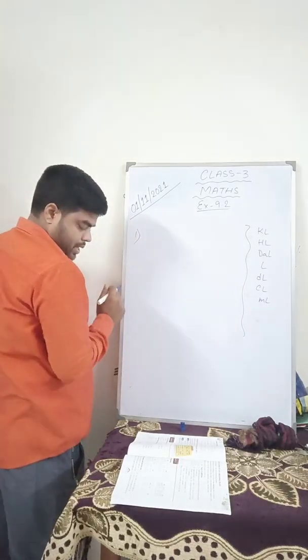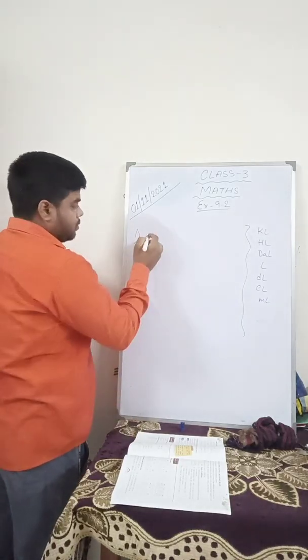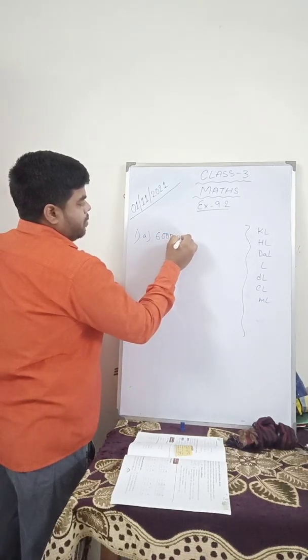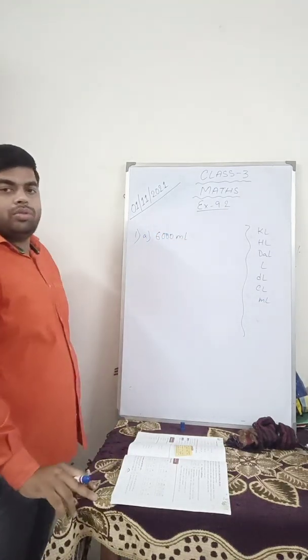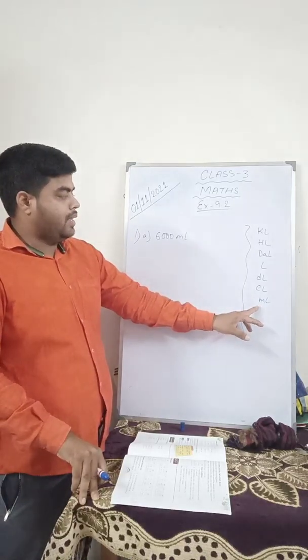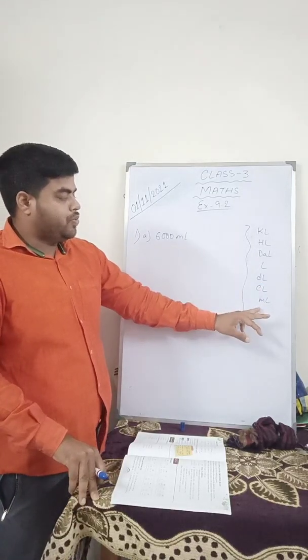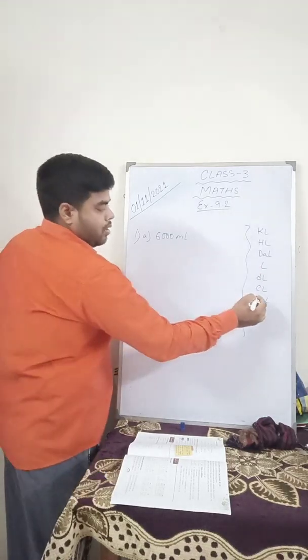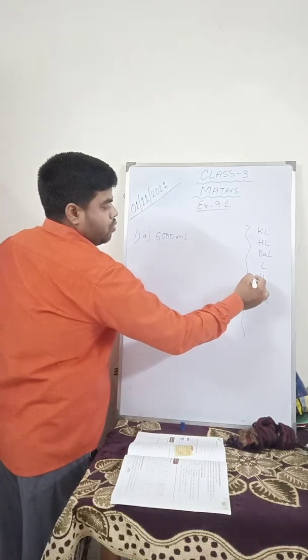Question number 1A. 6,000 milliliter, and they have asked you to convert it into liter. So milliliter is here in the chart, and they have asked you to convert into liter. That means from smaller unit to bigger unit. And how much is the gap? 1, 2, 3.